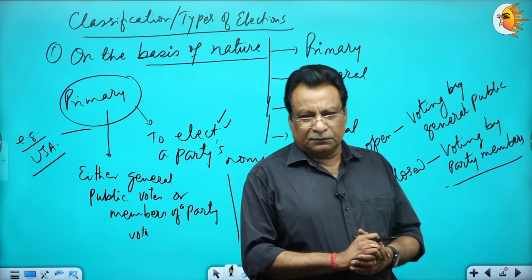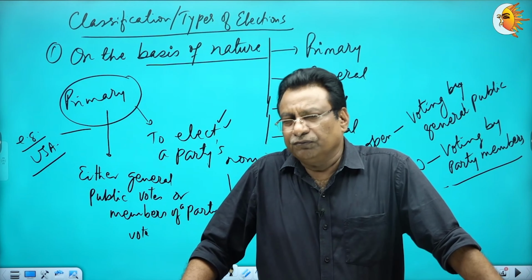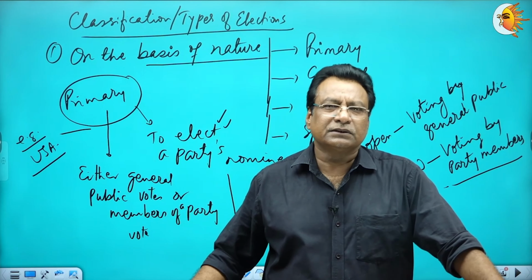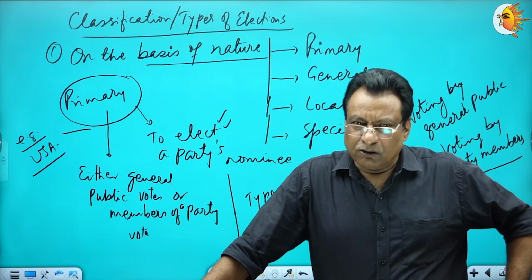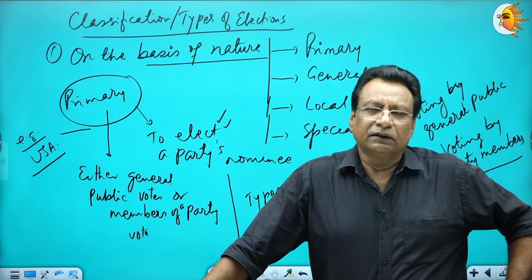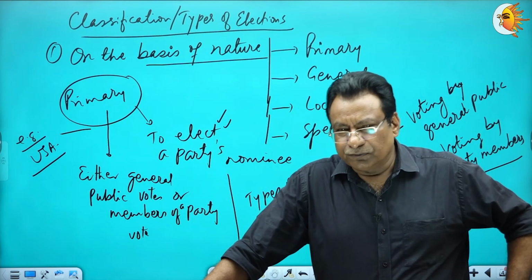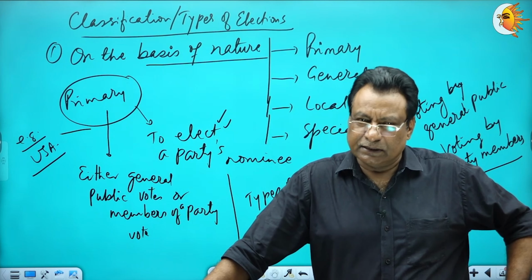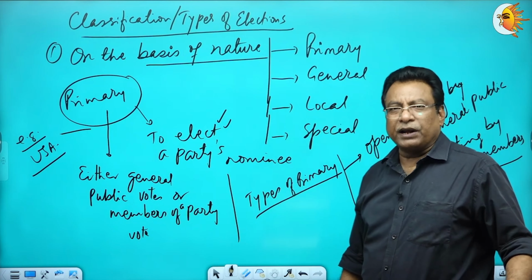Once the voting is done, and after the first round of counting, if you find that none of the candidates could secure the absolute majority, then you pick up two candidates who had secured the highest number of votes in the first primary, and then runoff method or the second round of voting takes place between these two candidates. And the candidate of the two who secures the highest number of votes is declared elected and he will become the party's nominee. That is what the primary is.